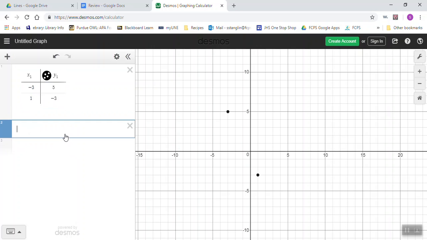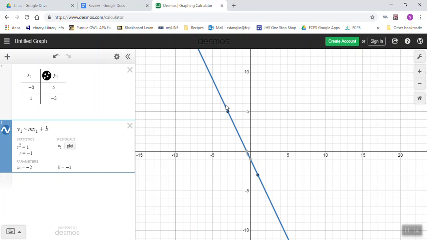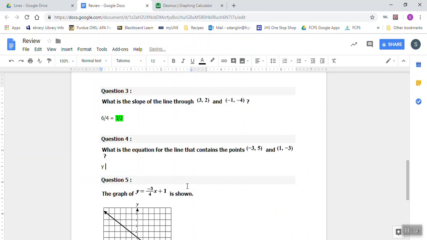Okay, now I can find the equation of the line by doing y1 tilde mx1 plus b. See how the line is going through both points? That means I did it correctly. So my m is -2 and my b is -1. That means my equation of the line is y equals -2x minus 1. That's my equation of this line.